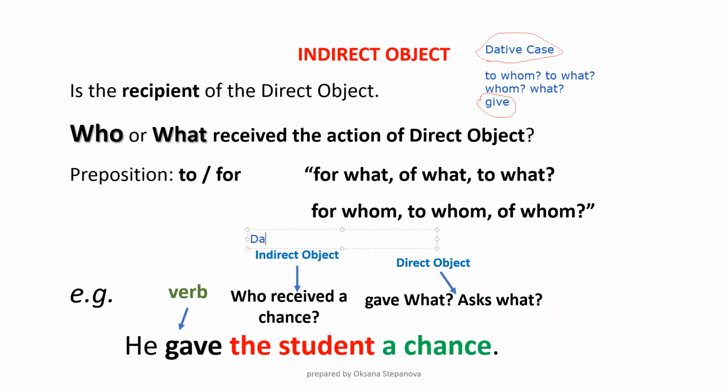Okay, so let's put it here again. This is the dative case, and this is the accusative case.